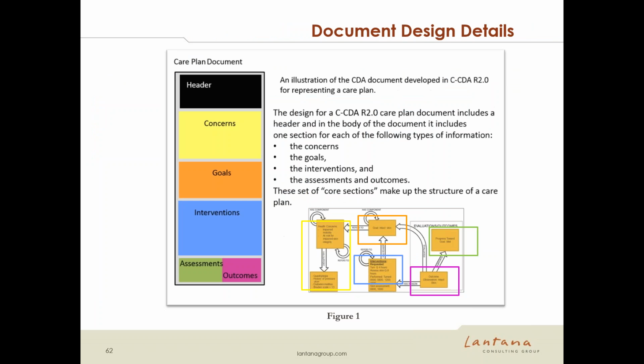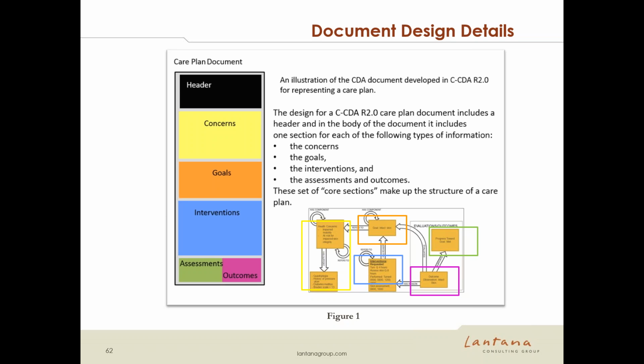And then to understand how we took the CDA care plan document standard, which focuses on creating documents that have a header and 4 primary sections in them: a health concerns section, a goals section, an intervention section, and a section that documents both assessments, sort of health status evaluation assessments, and outcomes together in that one section.